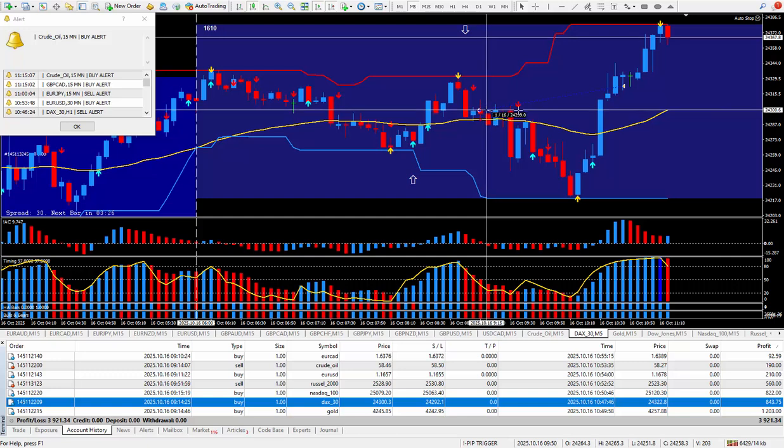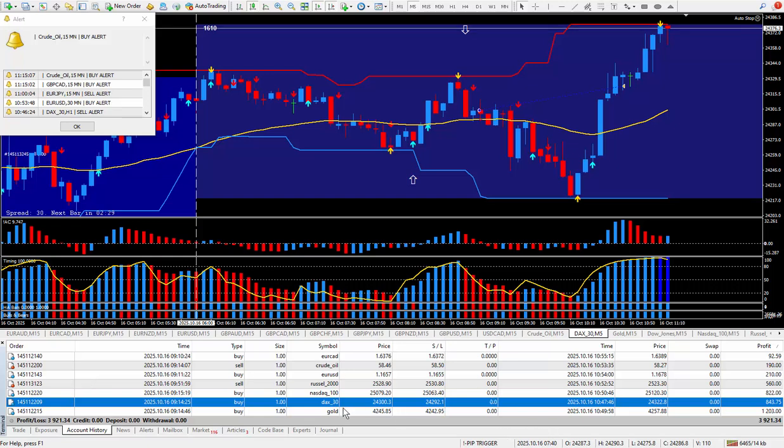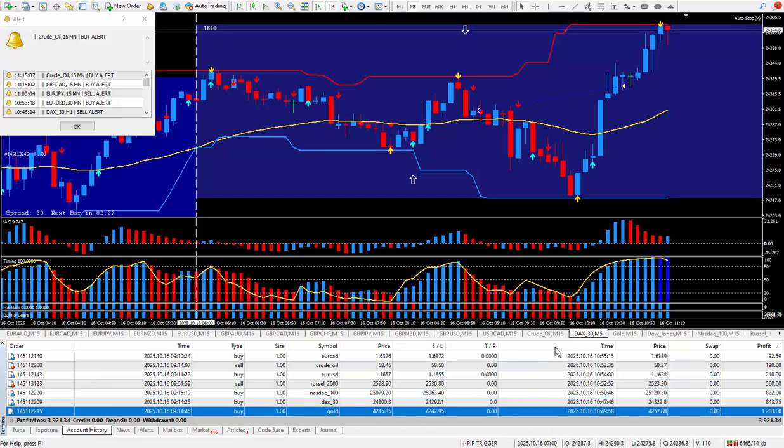Got in here, and like I said, I'm looking for 225. There it is right there, 225, and those ticks ended up paying out $843.